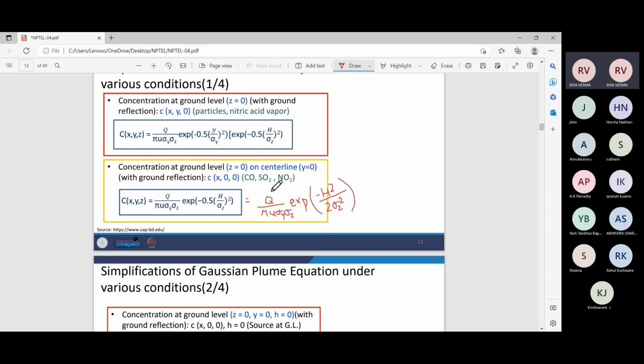This is a simpler looking equation. Instead of writing the 0.5 power, you can write it like this only.